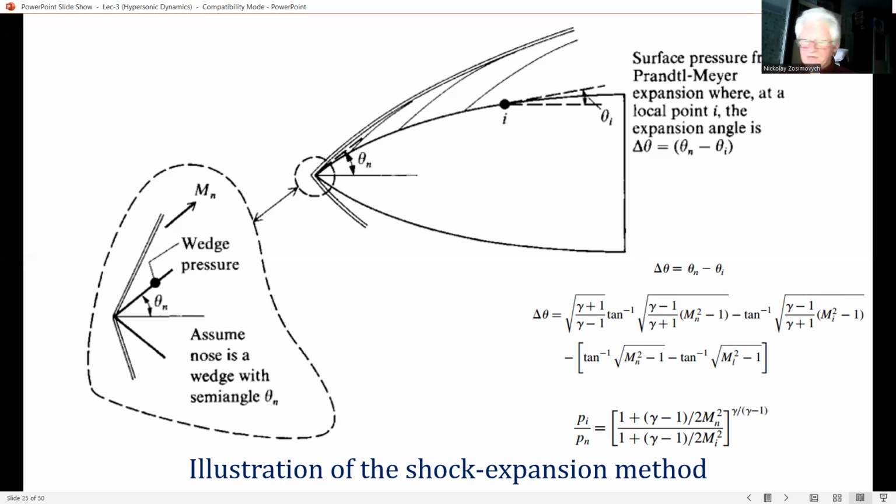So delta theta may be calculated from this large expression here on the slide.